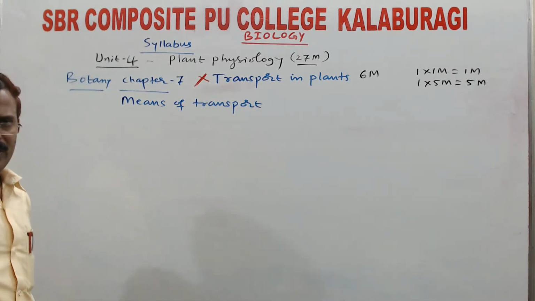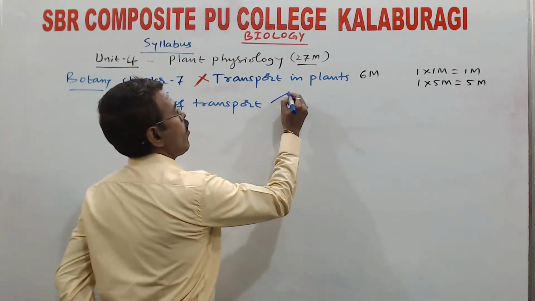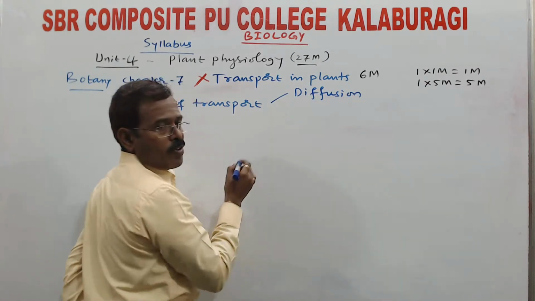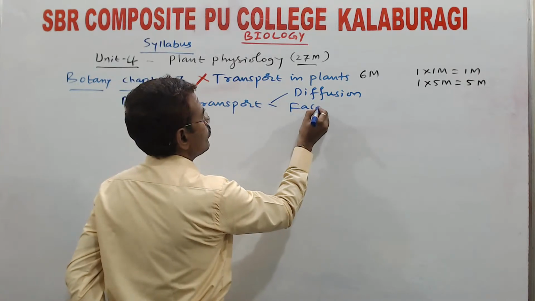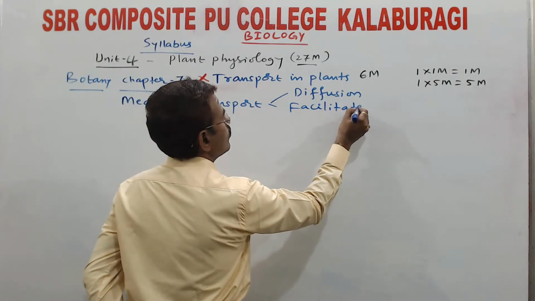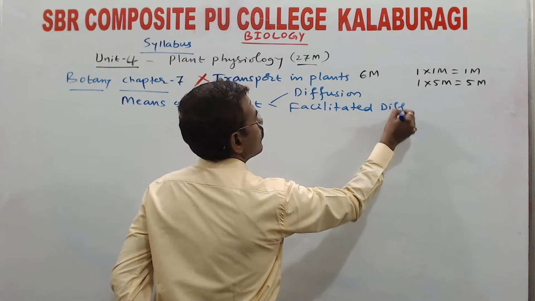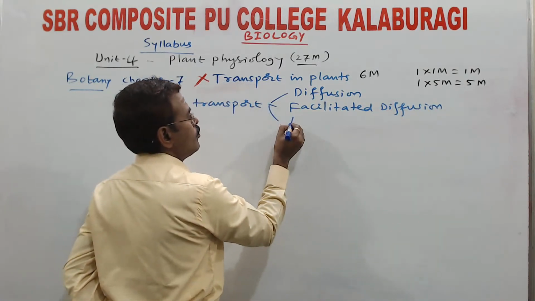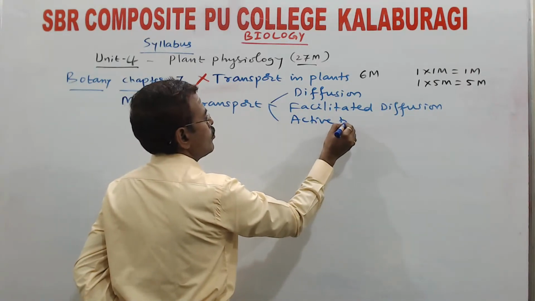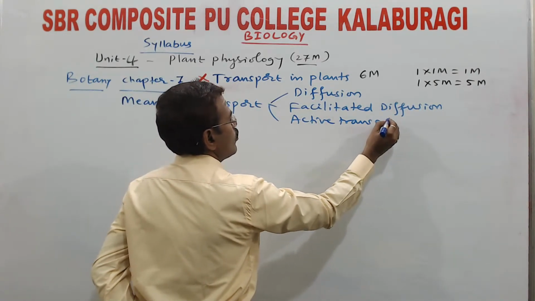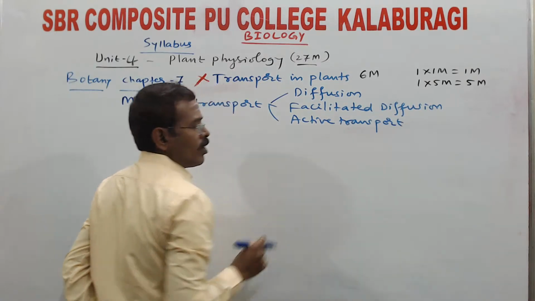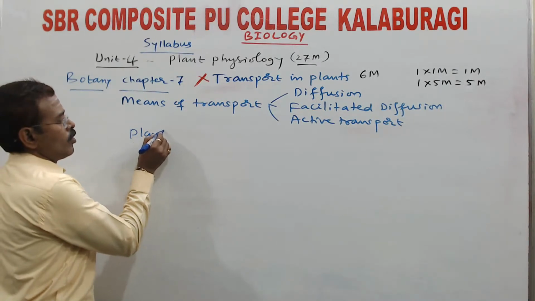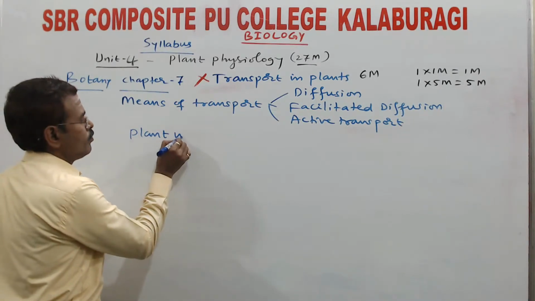Means of transport. Different means of transport are there: diffusion, facilitated diffusion, active transport. Then we have the concept plant-water relation.